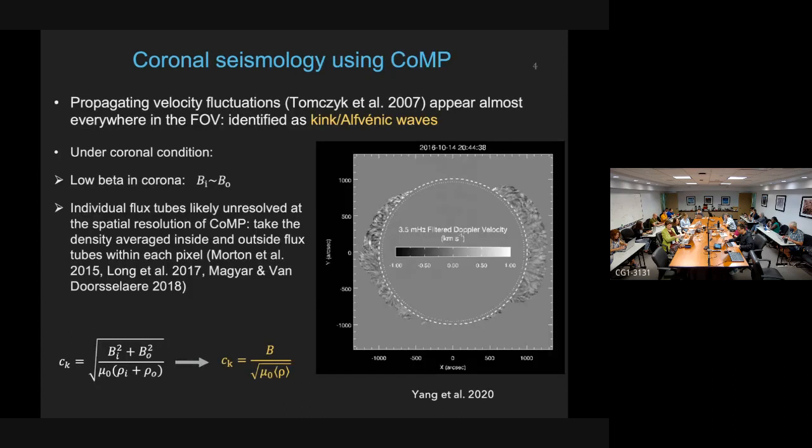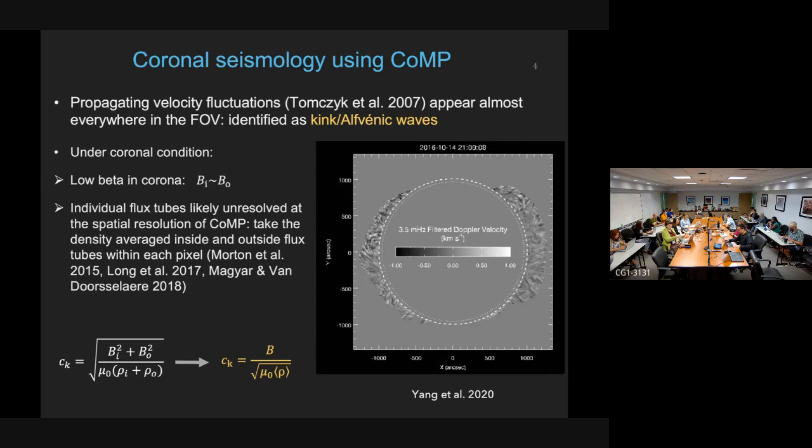Here on the right, this movie shows the Doppler velocity time series observed by CoMP. You can see the black and white, which are the blueshift and redshift. They are propagating outward, and they are almost everywhere in the field of view. Now we know that this kind of velocity fluctuation consists of kink or Alfvénic waves.